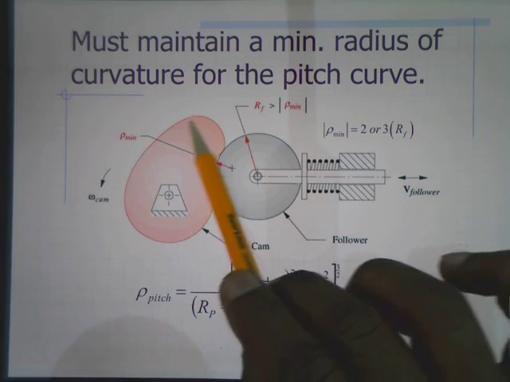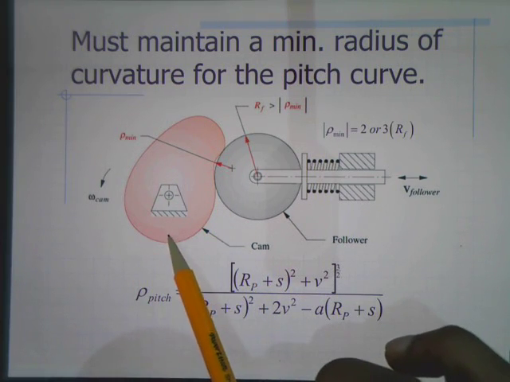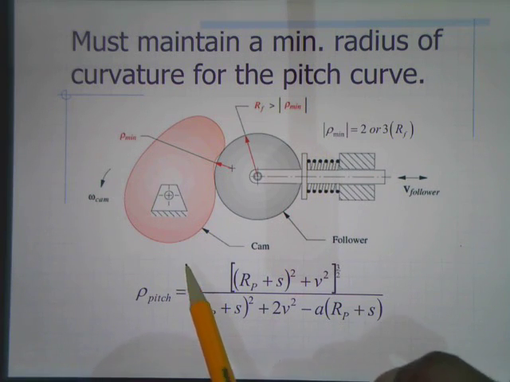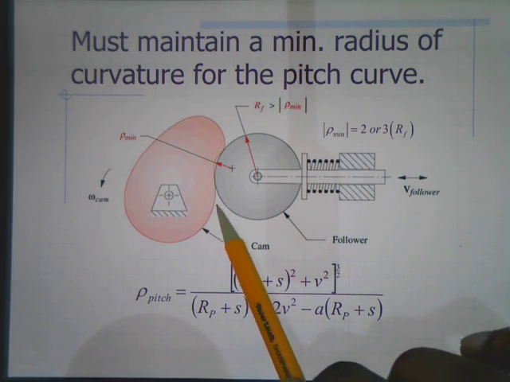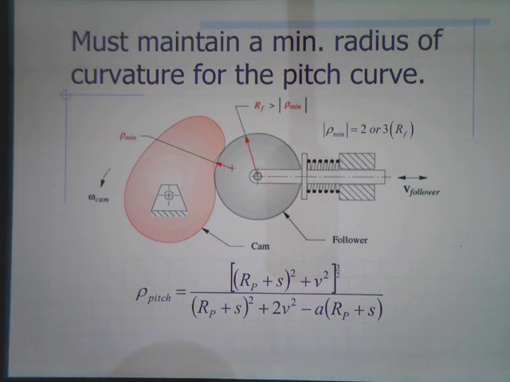Remember, the coordinates of this cam are based on our position, velocity, acceleration, and jerk profiles. It has produced a surface that cannot be realized by the size of this follower.